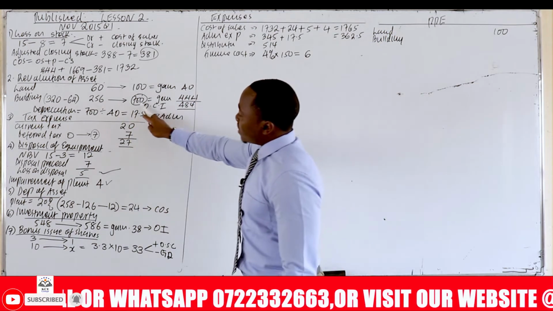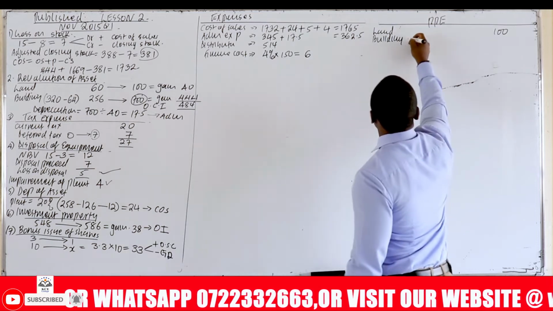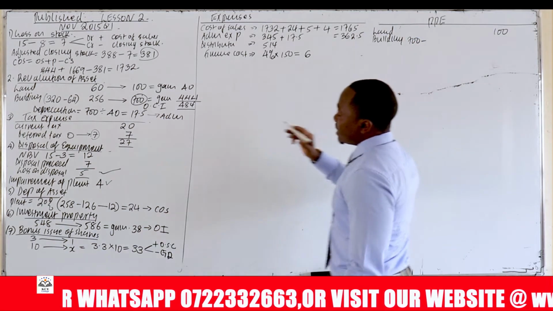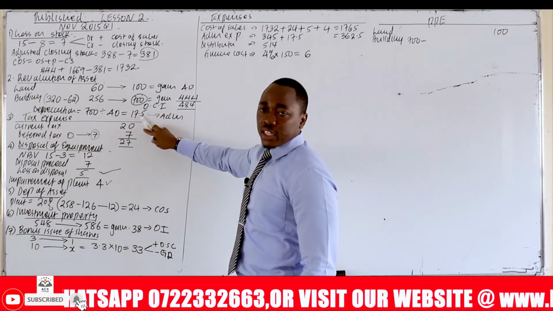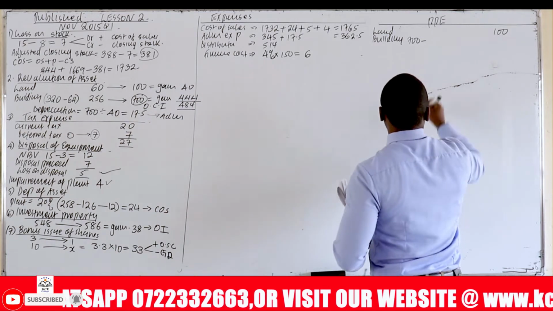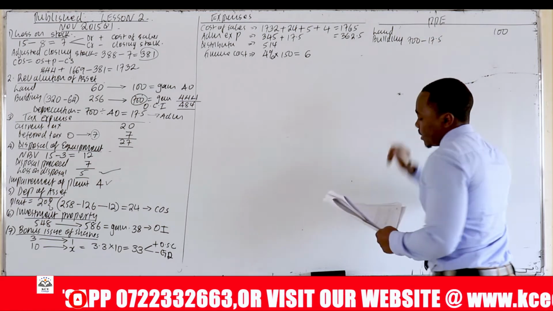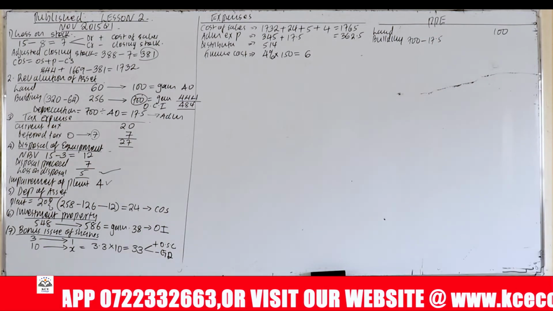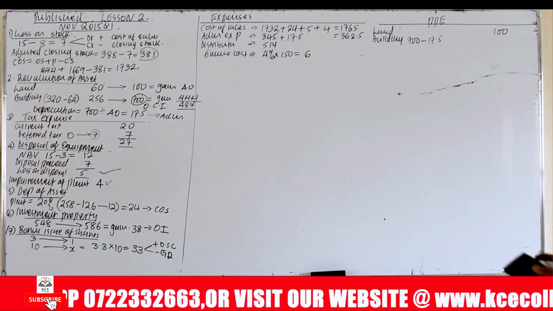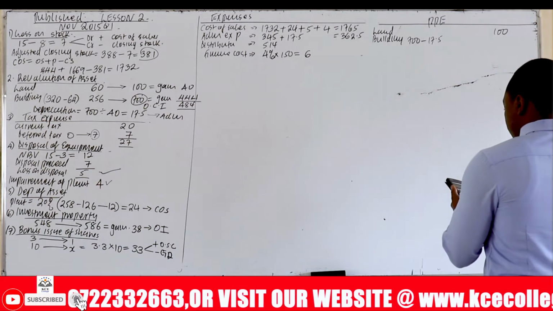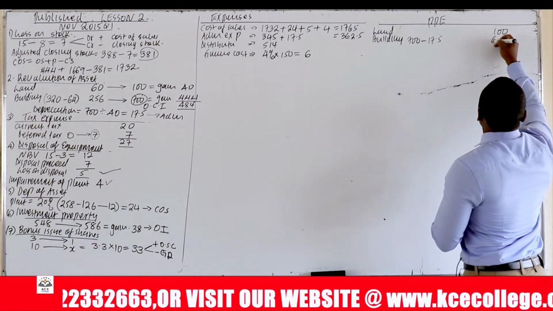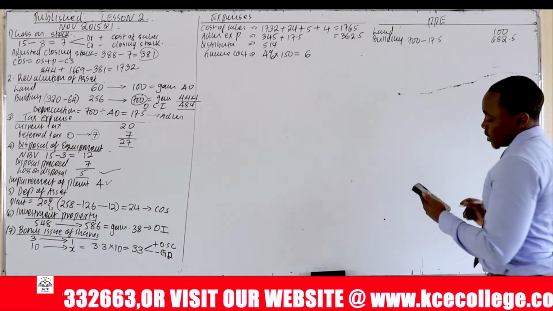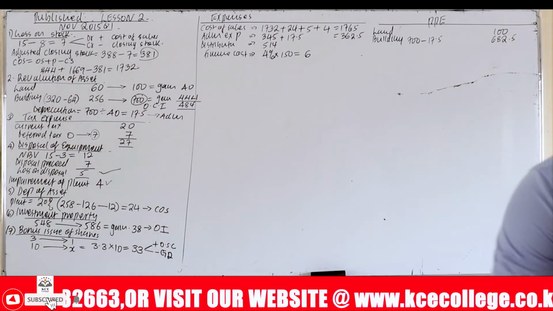Buildings was revalued to 700, so you take the revalued amount 700, but you deduct the depreciation charge for the year 17.5. So that one will be 700 minus 17.5, get an amount of 682.5.